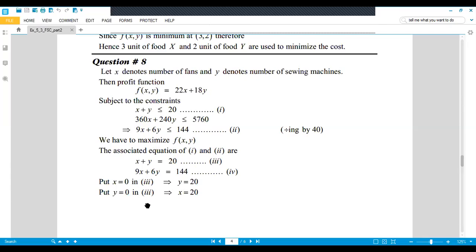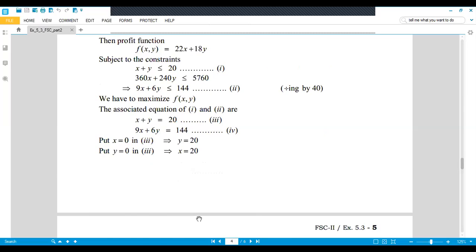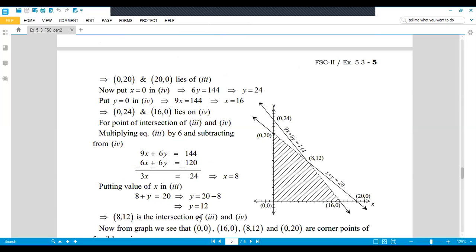So we get 2 points: one is (0, 20) and the other one is (20, 0). With the help of these 2 points, we draw the graph: on the x-axis when x is 20, y is 0, this point, and on the y-axis when x is 0, y is 20, this point. We join these 2 points.